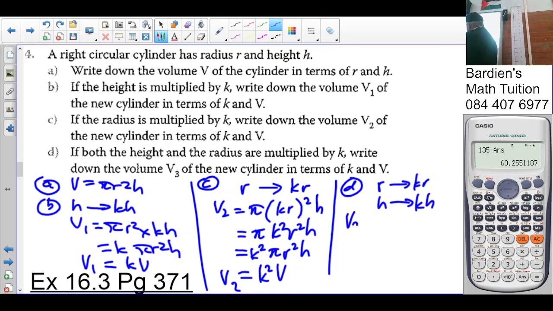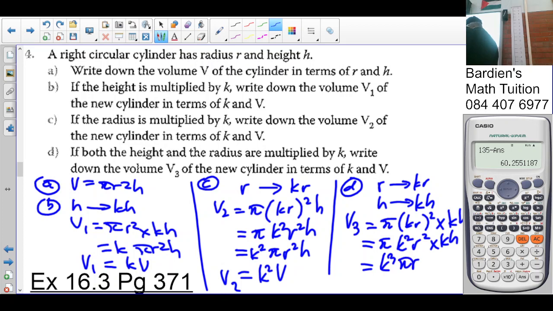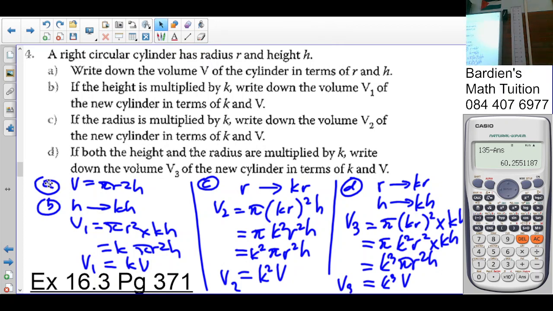So volume 3 is equal to pi times your radius kr squared times your height, which is kh. So that's going to be pi k squared r squared times kh, which gives you k cubed pi r squared h, which is k cubed V.